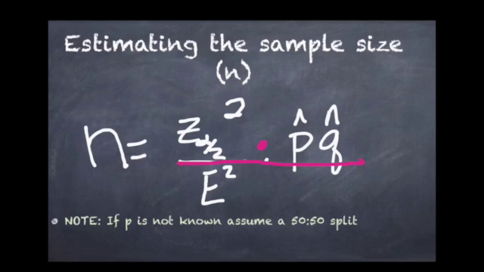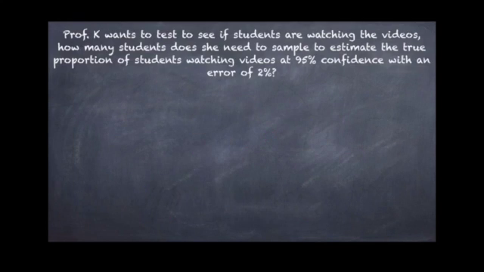Okay? If you don't know what your p is, if you're not given the sample proportion, you're going to assume a 50-50 split. All right? In other words, you're going to assume that p hat is 50% and q hat is 50%. Running through an example, if I want to test and see if students are watching the videos, how many students do I have to sample to estimate the true proportion of students watching the videos at 95% confidence with an error of 2%.